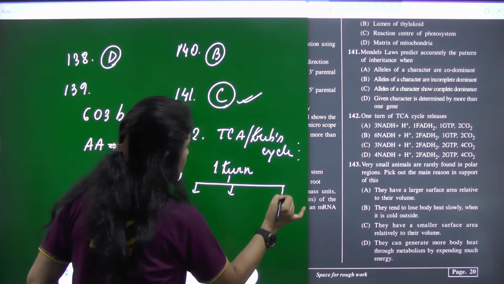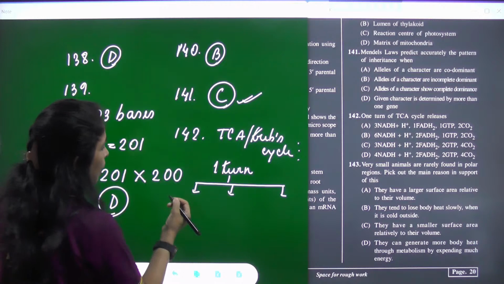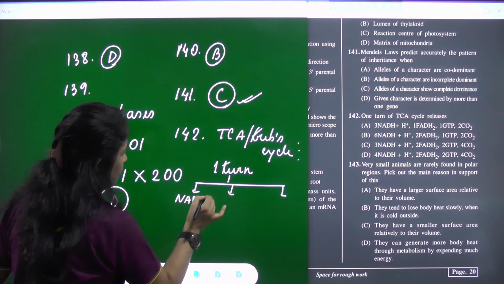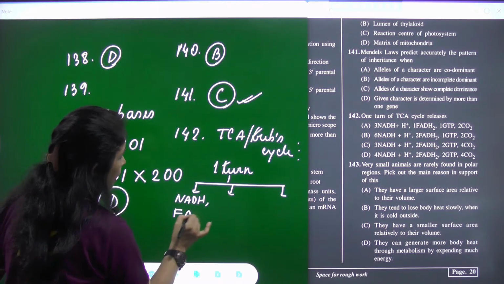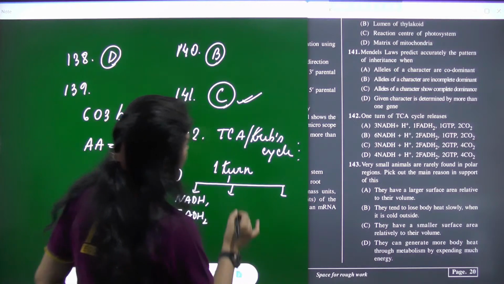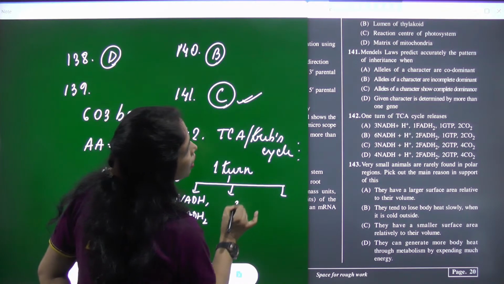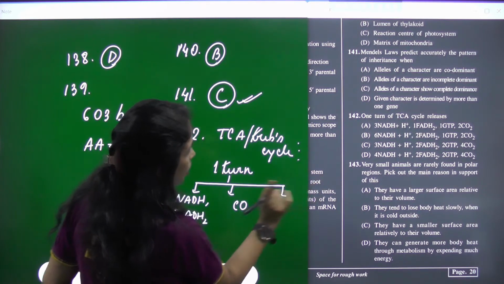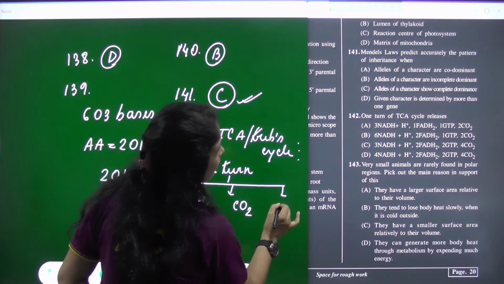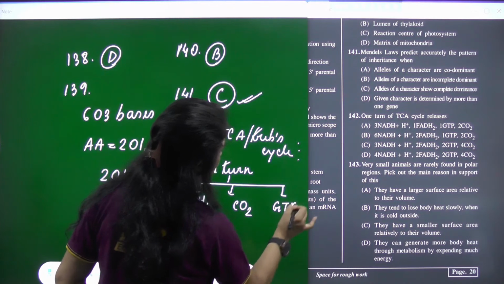output will be what? Means, you know how many NADH, how many FADH2, how many carbon dioxide, water is not given, no, okay, no need to count water. Carbon dioxide, and then how many GTP or ATP.